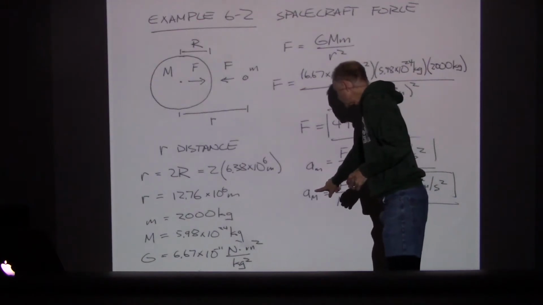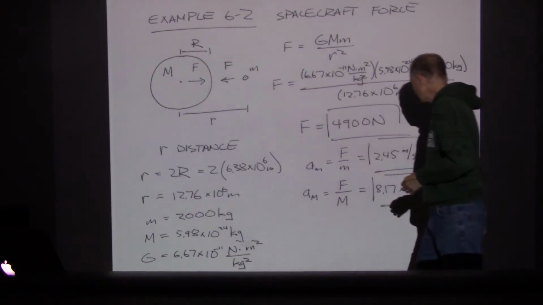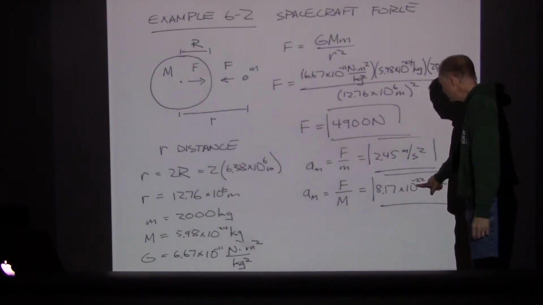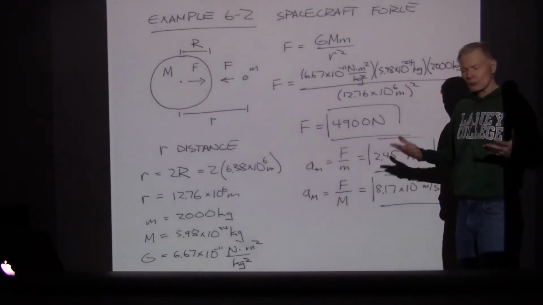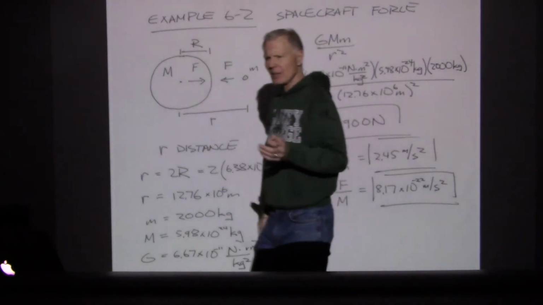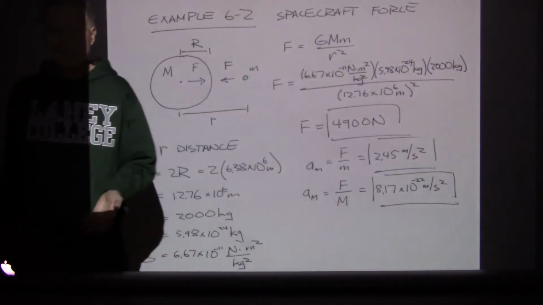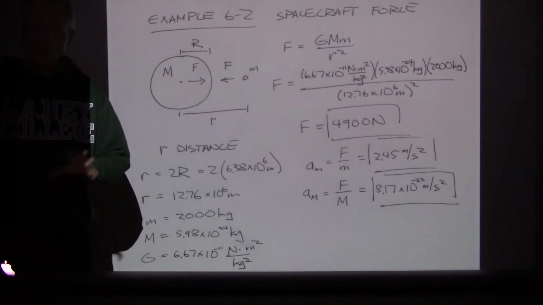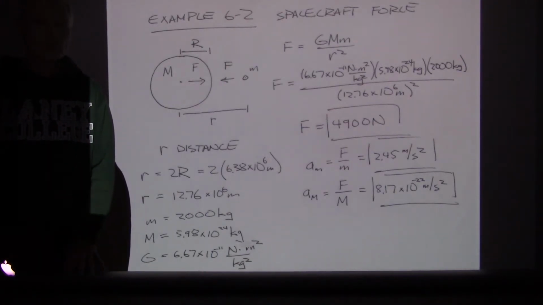Now, what about the Earth? How much of an effect will this have on Earth? And not much, right? This is scientific notation, 10 to the minus 22. That's tiny, tiny, tiny, tiny, tiny. So the Earth experiences the same amount of force, but its effects are really tiny because the Earth's got so much mass. 4,900 newtons acting on the Earth, no big deal.